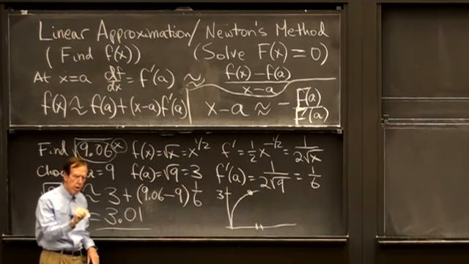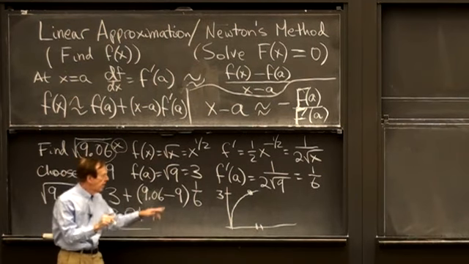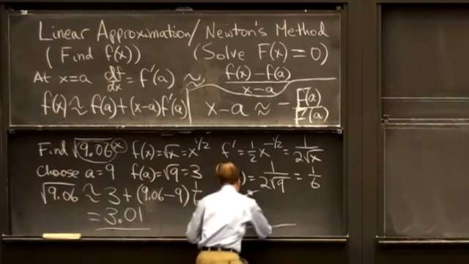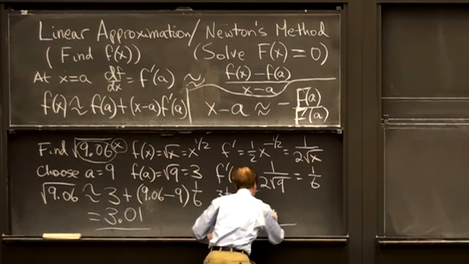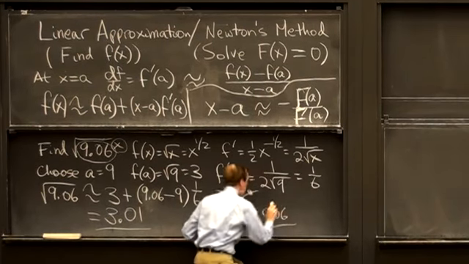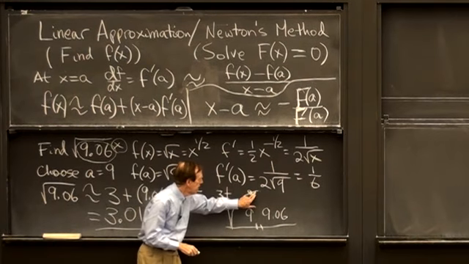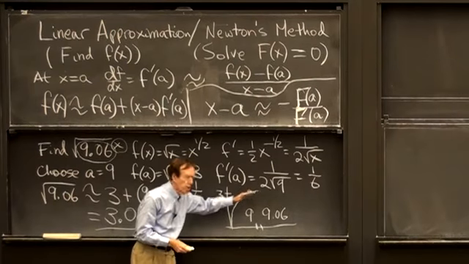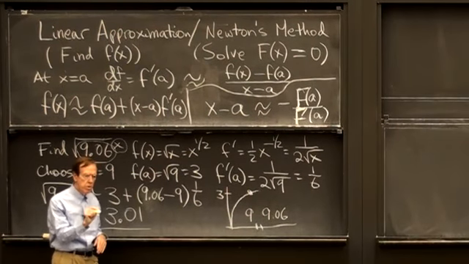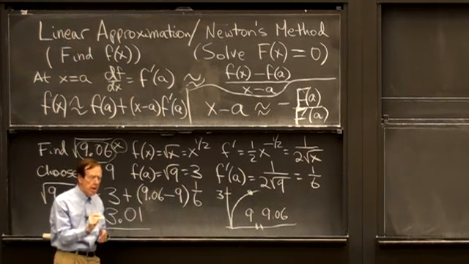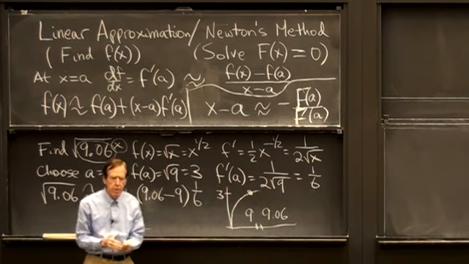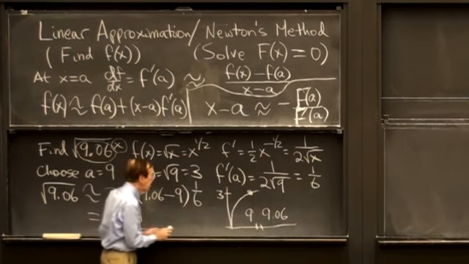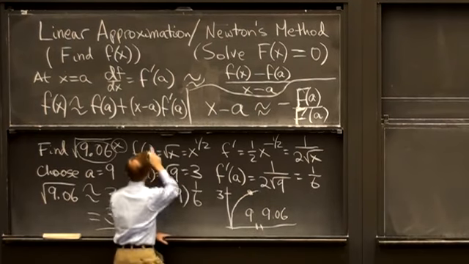I'm looking for the square root of 9.06. So this was 9 here, and this was 9.06. And how am I getting close to that point? Well, I'm not going to follow the curve to do the square root of 9.06 exactly, any more than your calculator or computer does. I'm going to follow this line.